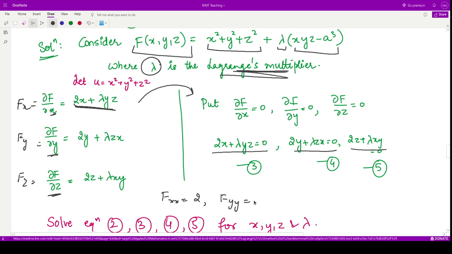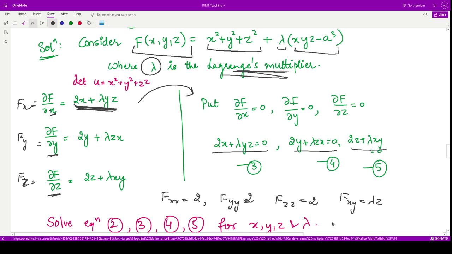It would also be equal to 2, and then fzz would also be equal to 2. And similarly, when you compute fxy, you are taking the derivative of this first term with respect to y. So this would be lambda into z. And similarly, you can compute the other terms.